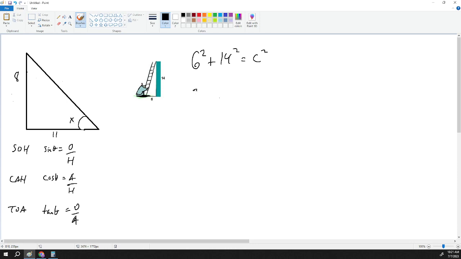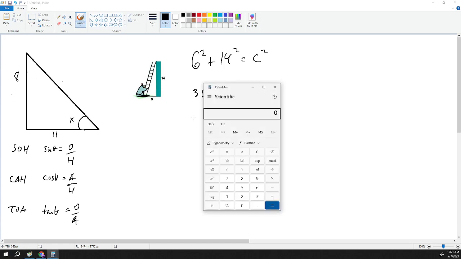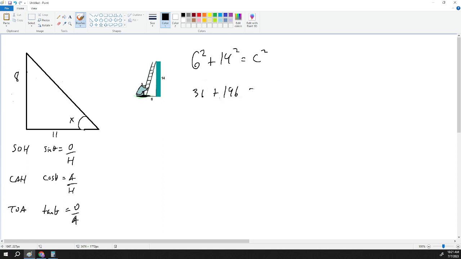So we have 36 plus 196, 14 times 14 is 196, equal to c squared. If I square root both sides, I'll leave c lang.